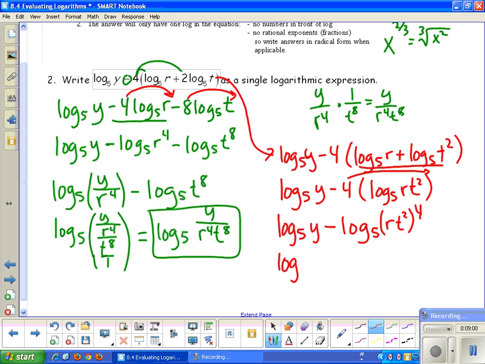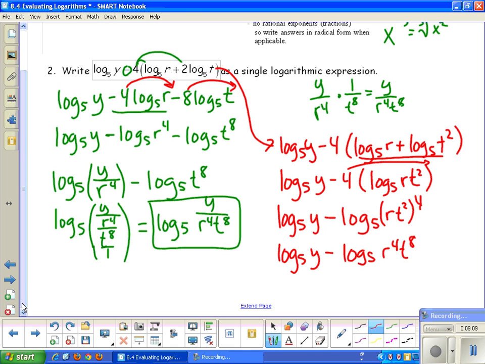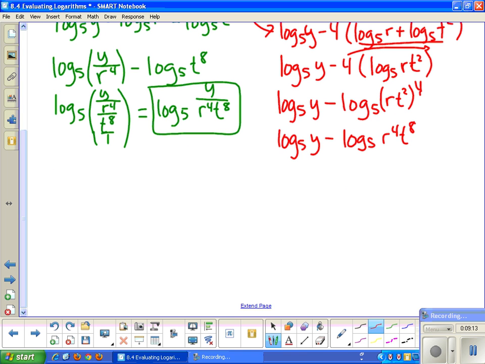And so then I would get the log base 5 of y minus the log base 5 of r to the 4th, t to the 8th, because remember, using the properties of exponents, you multiply when you have a power on the outside. And since these are being subtracted, I would use the quotient property, which states that I divide the two.